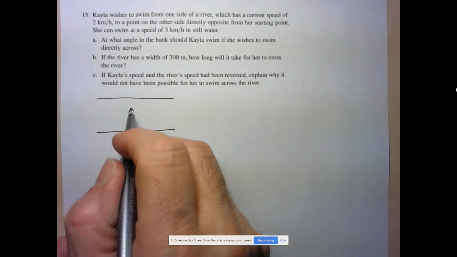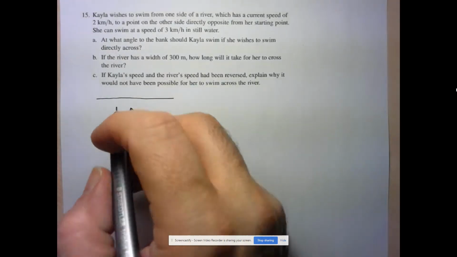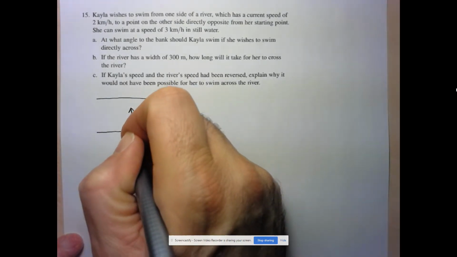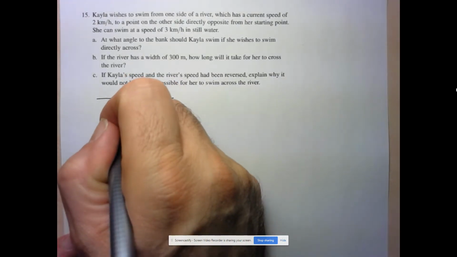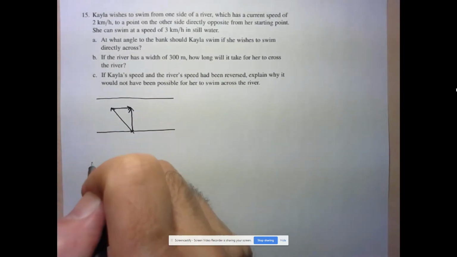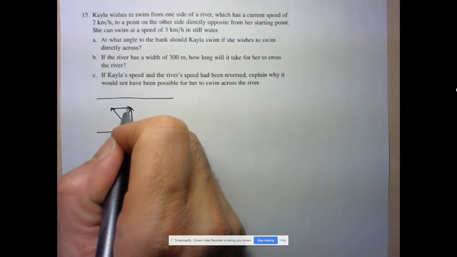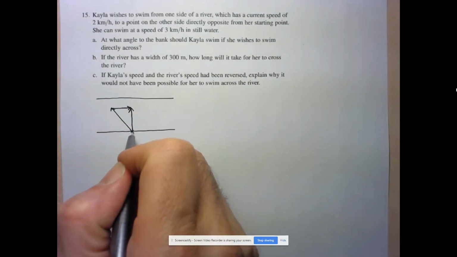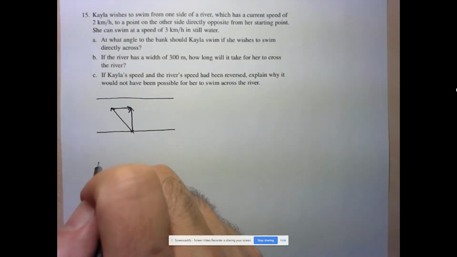If the current is going in this direction, she's going to have to aim somewhere in that direction. Notice how I stop at this point because I know that the current is going straight across. So her velocity plus the current velocity gives us the resultant velocity at which she's actually going to move.